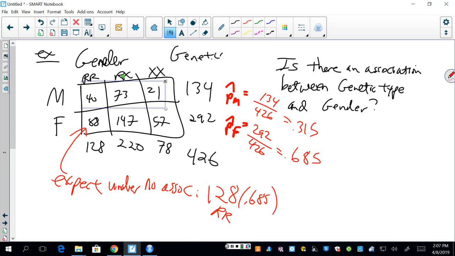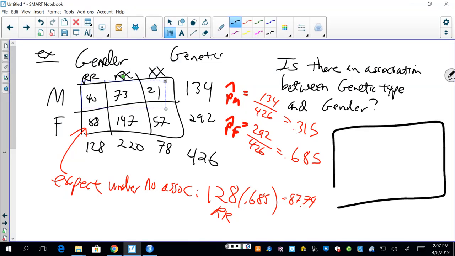So that number in there would be 87.74. And I'll squeeze in here so we can see it together. The expected numbers, 40.